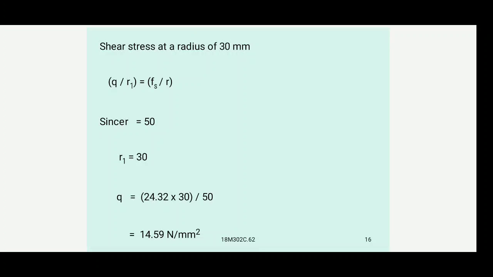Now the shear stress at a radius of 30 mm: that is q by R1 is equal to Fs by R, since R is 50, that is R1 is equal to 30. q is equal to 24.32 into 30 by 50, that is equal to 14.59 Newton per mm square.